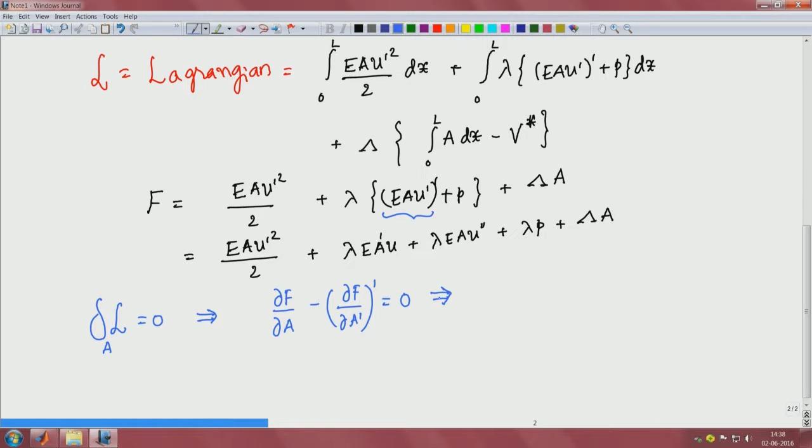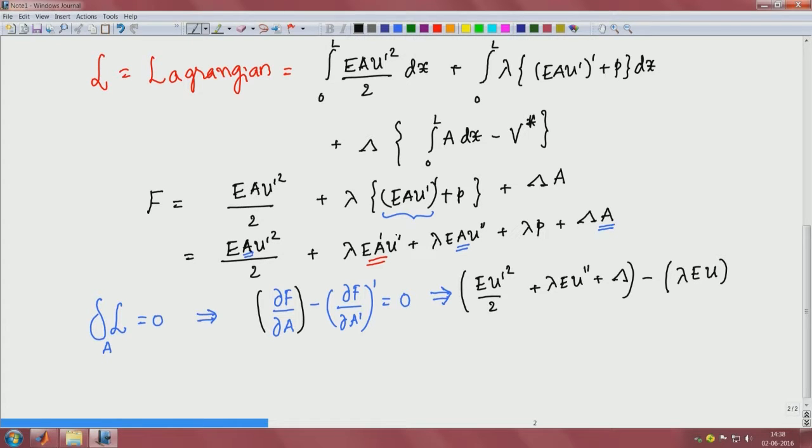If we do that, A is here and here and here. Let us write dou f by dou A. The first term gives us E u prime square by 2 plus lambda E u double prime plus capital lambda, that is this dou f by dou A, minus, then we have to see where A prime is, and A prime is here. That gives us the second term, which is lambda E u prime, and actually this is not A prime u prime.